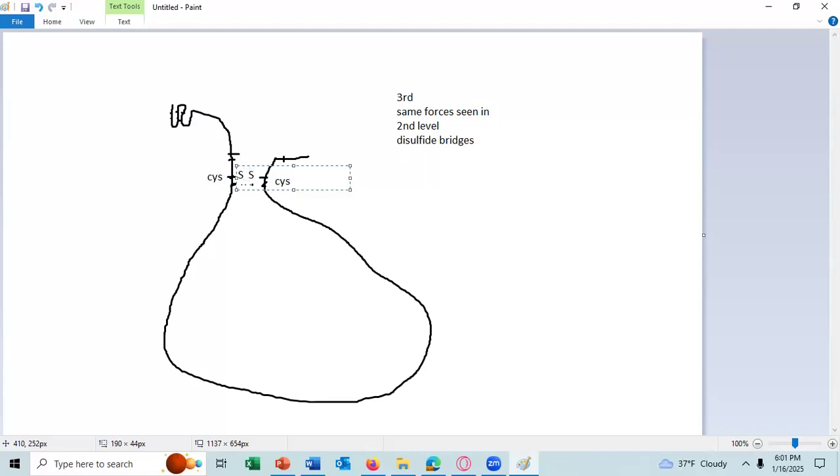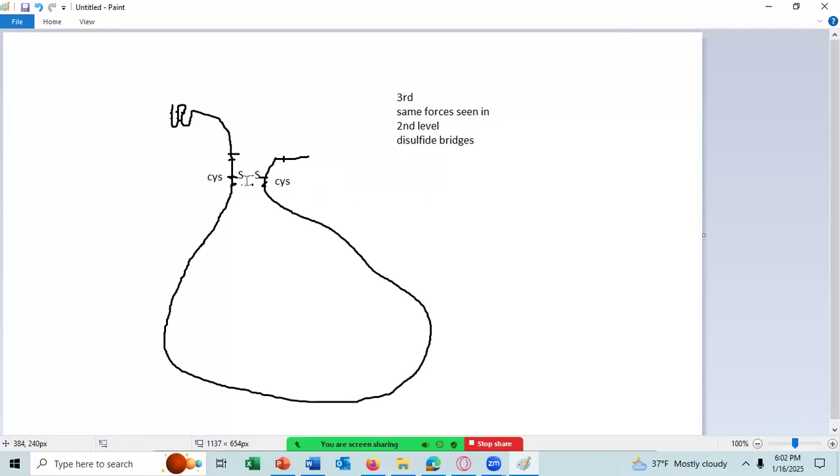Oop. Third one in. Delete that. Come on. There we go. So there is a sulfur covalent bond now between this cysteine and this cysteine, and the hydrogens just come out into solution.